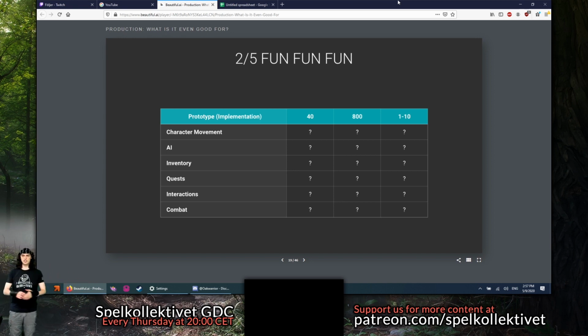And with interactions, I just mean anything that isn't combat, like picking something up, dropping it off, moving it around, for example, manipulating the game world. And now I would like you to do the same kind of estimation of importance or value, time and money spent, for this feature set essentially. And the game can be anything you can imagine in your head.